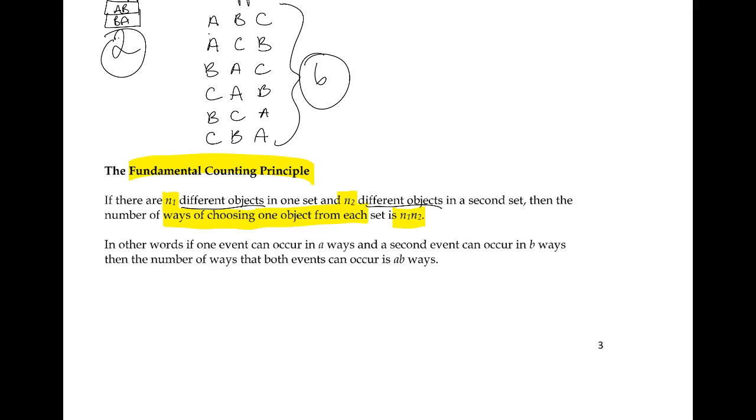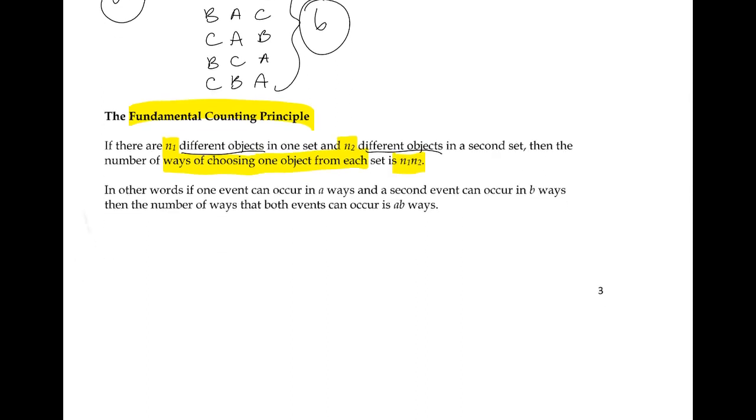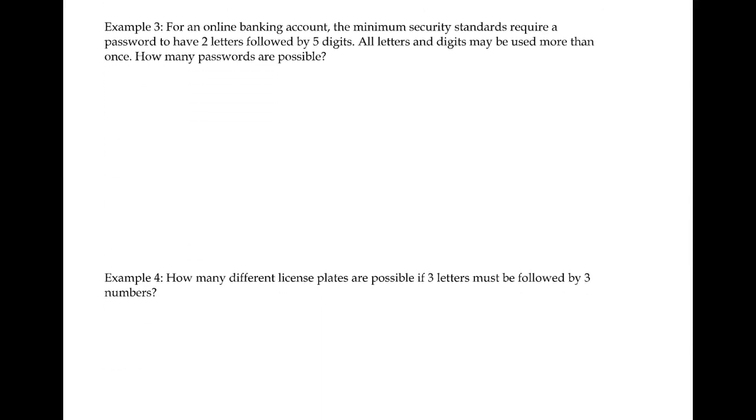Okay, in other words, if one event can occur in A ways and a second event can occur in B ways, then the number of ways that both events can occur is AB ways. If that's not making sense, you're like, that's not clear. Let's do some more examples to try and figure that out.